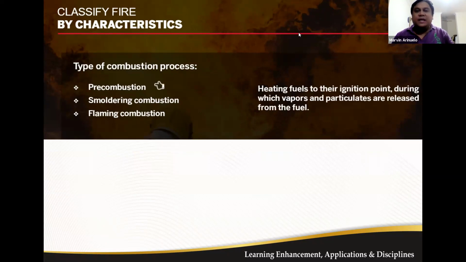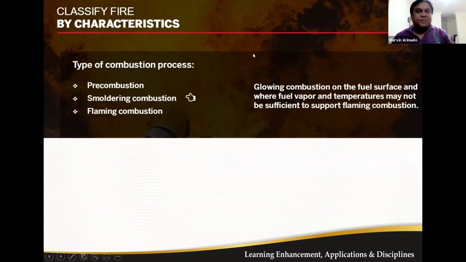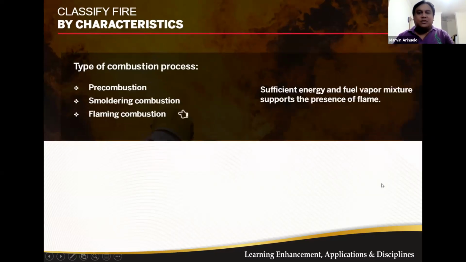Pre-combustion is the process of heating fuel to the ignition point, during which vapor and particles are released from the fuel. Let us now define the smoldering. It is a glowing combustion on the fuel surface where the fuel vapor and temperature may not be sufficient to support flaming combustion.